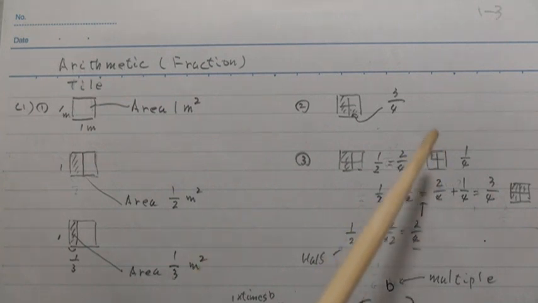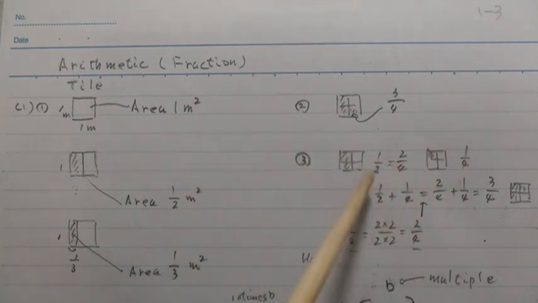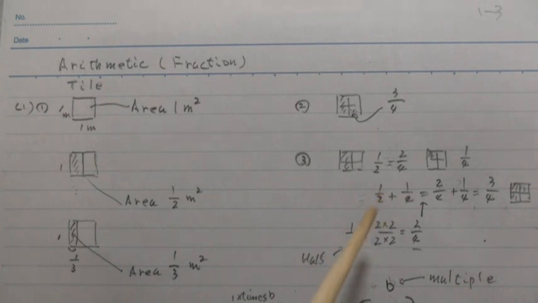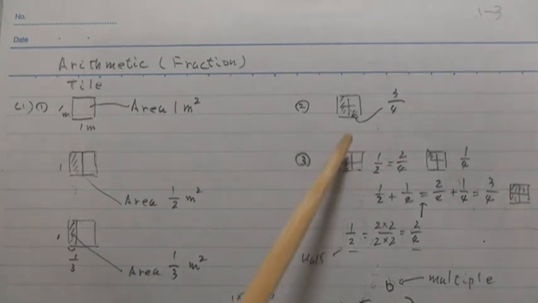And this area is 1/4. And this is plus equals. Take 1/2 and multiply by 2, multiply by 2, then it is 2/4. And 1/2 equals this area.